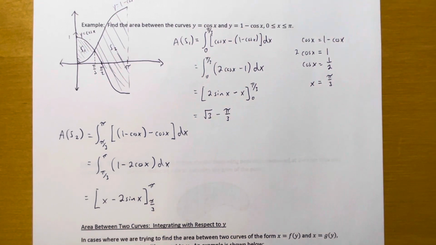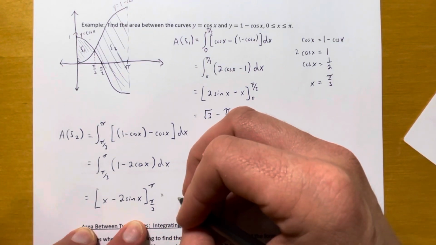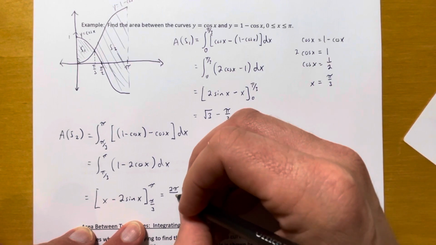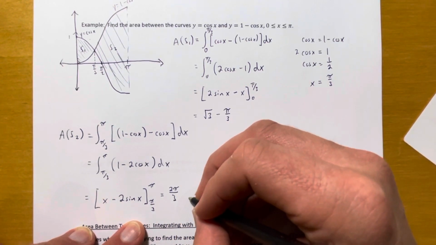It's just knowing your trig, what is sine of pi, what is sine of pi over 3, and making sure you set this up correctly. I'm going to challenge you to do that step on your own and see if you can come up with the correct answer from that. What this should come out to, if you do this correctly, is 2 pi over 3 minus root 3.